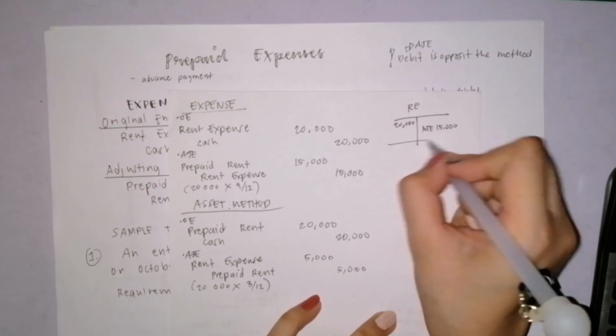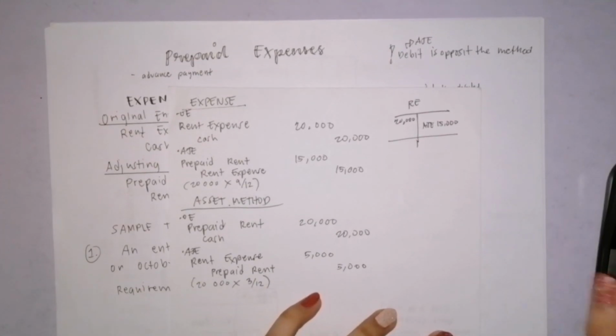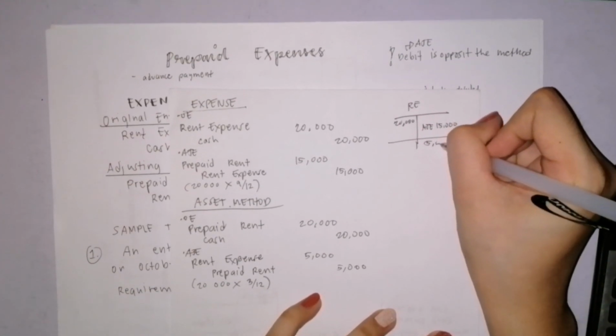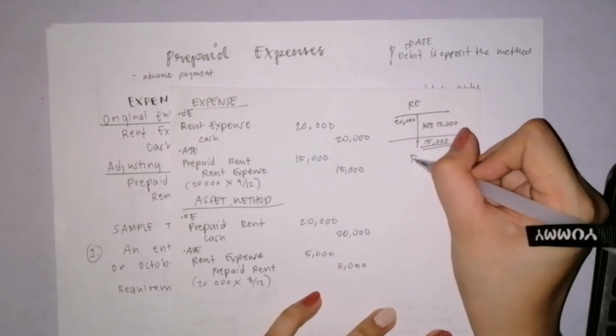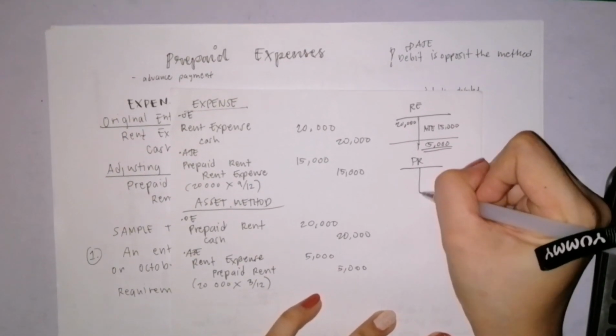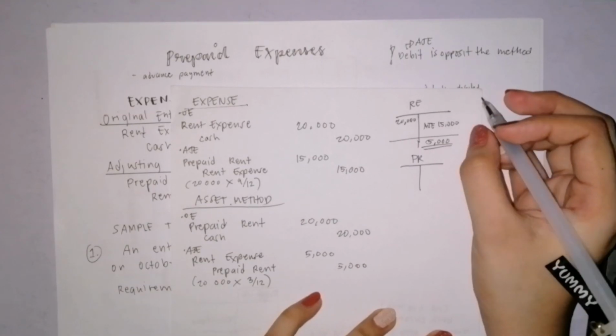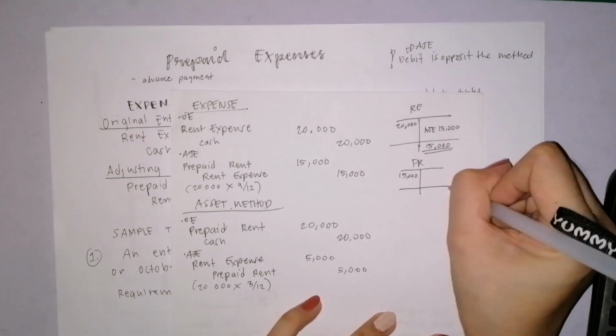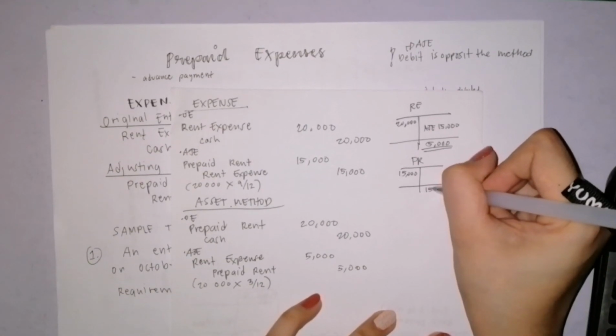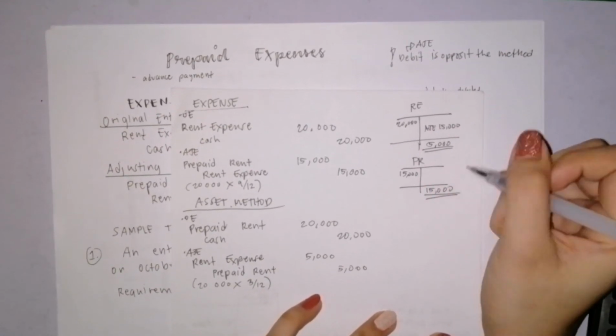Simply deduct 15 from 20, this will give us a rent expense of 5,000. Next is the prepaid rent. We only have one transaction affecting this, which is yung adjusting entry, a debit of 15,000. So the balance of prepaid rent is 15,000.